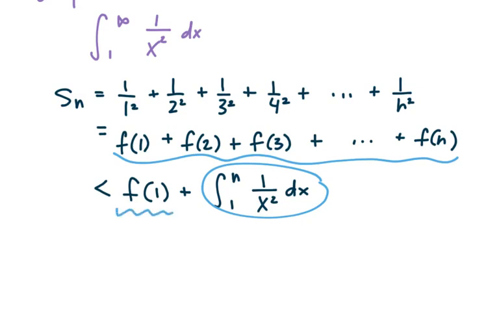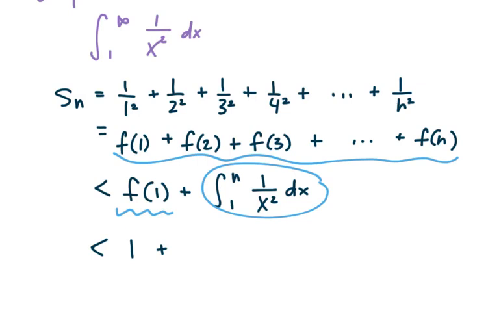So if I add this plus f of 1 in the beginning, now this is bigger than what I had before. I can evaluate f of 1. If I plug 1 into 1 over x squared, I get out 1. But this integral I have circled here in light blue, that's an nth partial sum. It's finite. It stops at some n value.